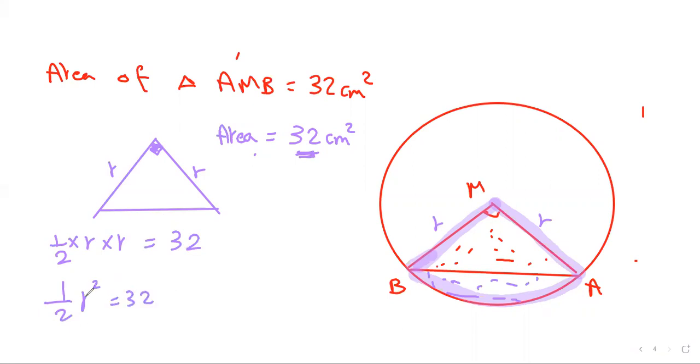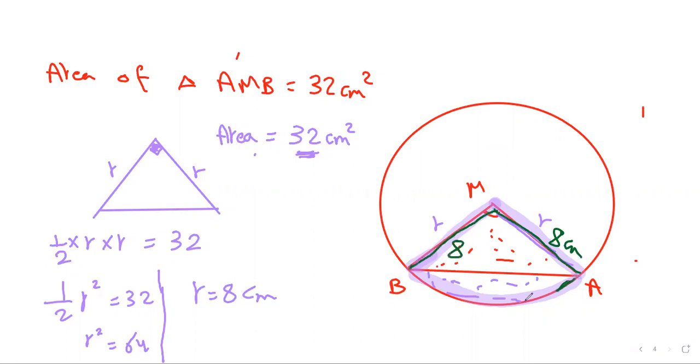Then times 2 both sides, R squared equals 64. Then R equals 8. The length of the radius is 8 centimeters, and the length of the other radius is 8.